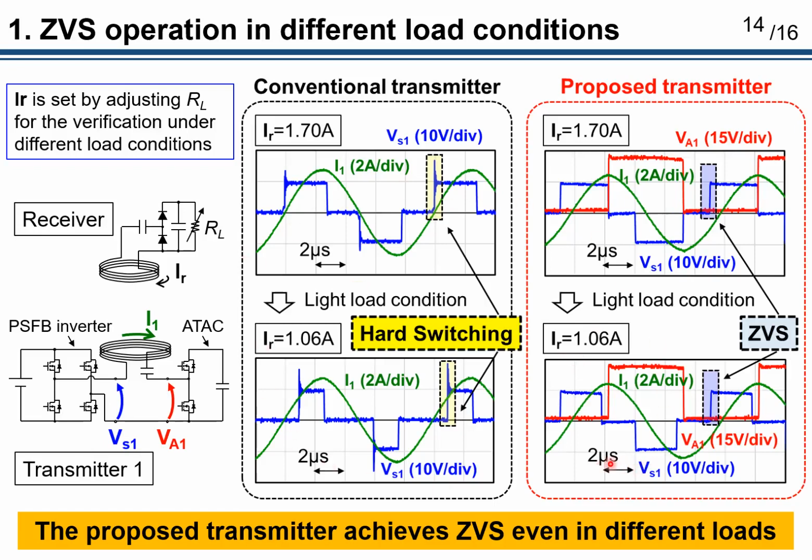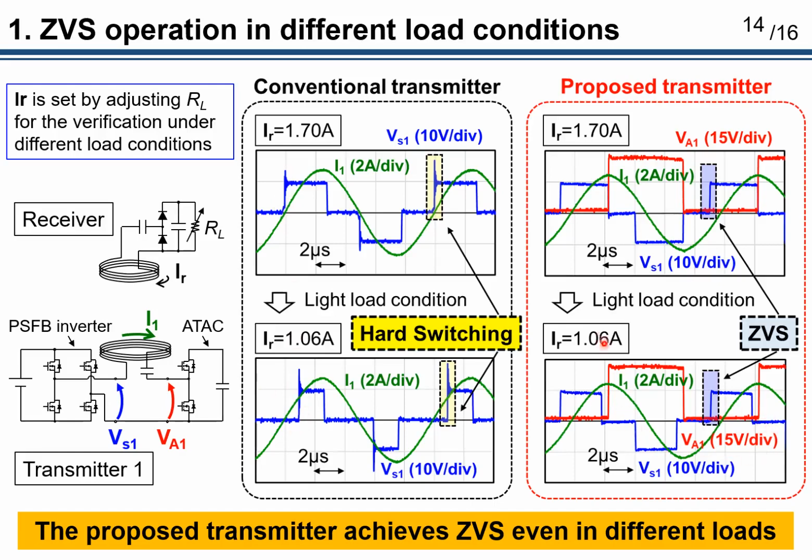These figures are the experimental waveforms in the conventional transmitter and the proposed transmitter. In the conventional transmitter, the inverter operates under the hard switching condition in both load conditions. Besides, the phase difference between the rising edge of vS1 and I1 is changed.